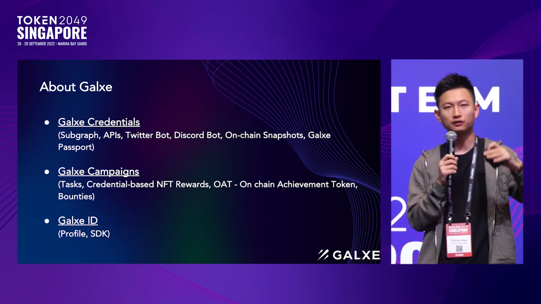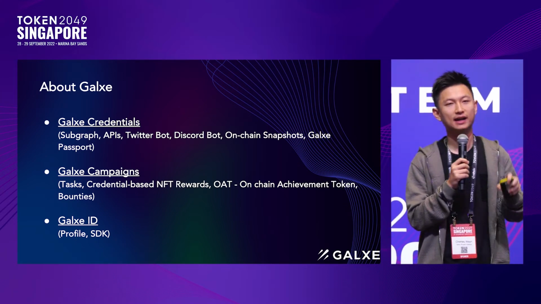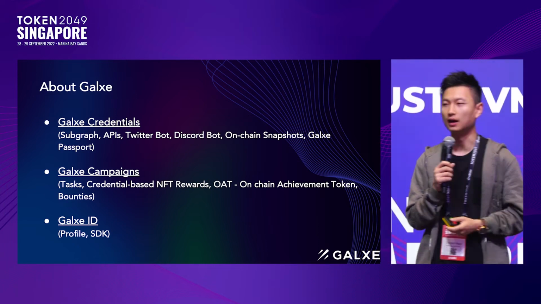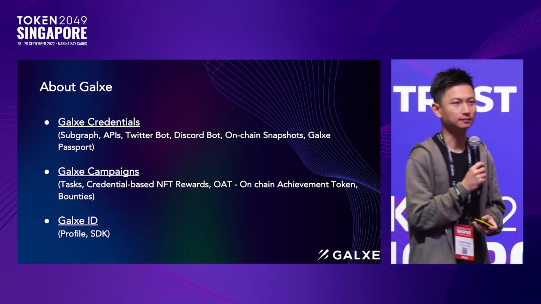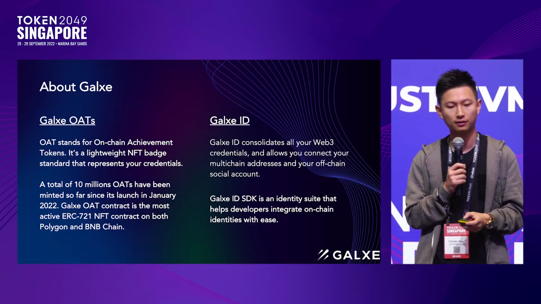So combining all of those credentials, you will be eligible to get an NFT badge, which you can call beginner user or any other name. So that's the major components of Galxe right now.